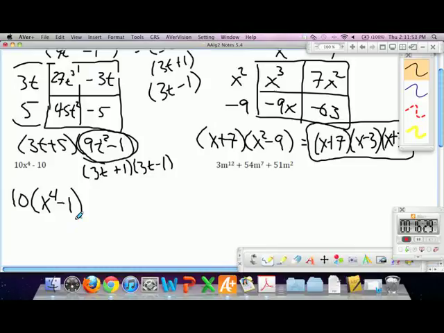X to the fourth is just x squared squared, and 1 is just 1 squared. So I should be able to use this pattern to factor. This thing should be equal to 10 times x squared minus 1 times x squared plus 1. Difference of two squares.